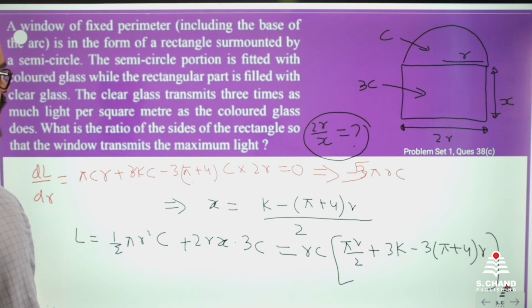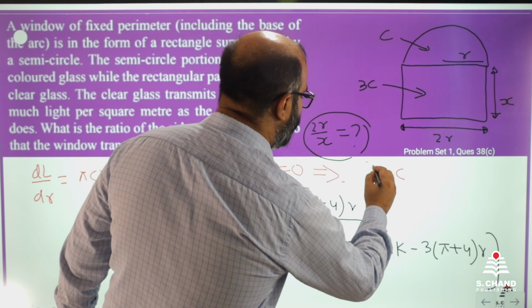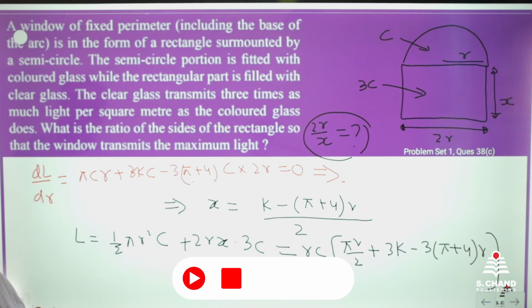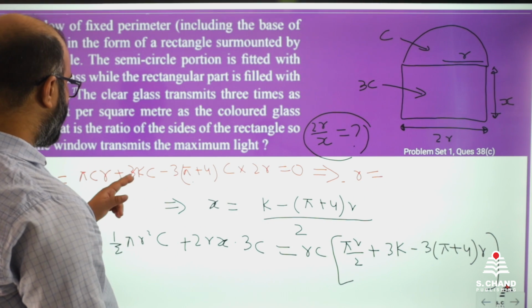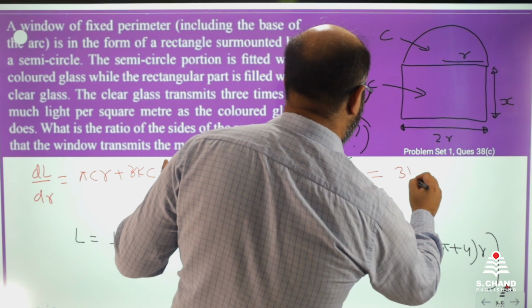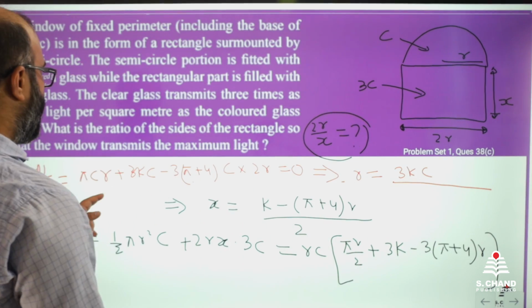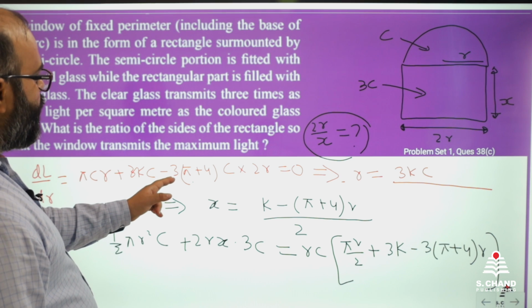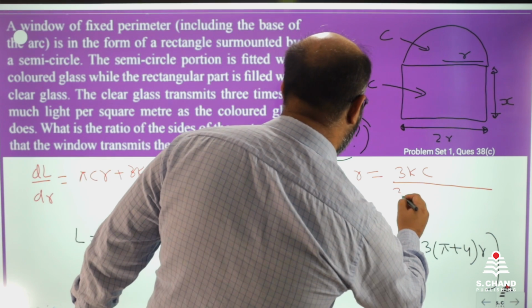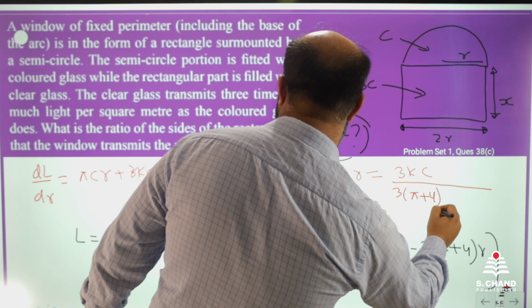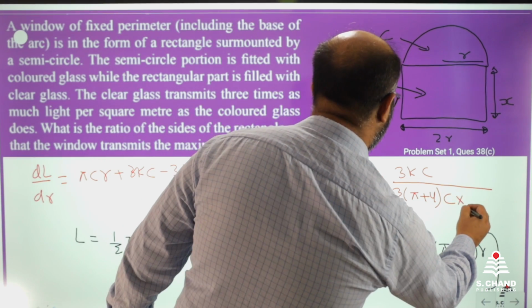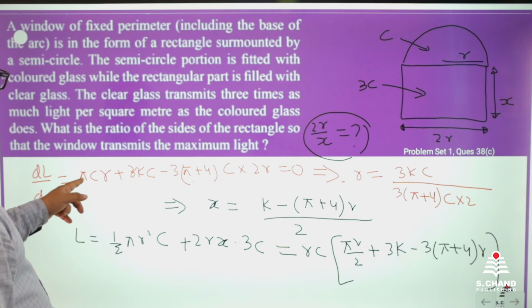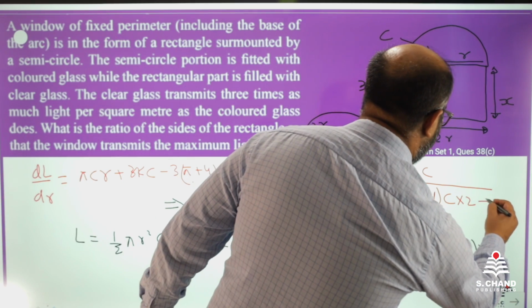Okay, so we have here pi plus 4, right? So let us write it correctly. The value of r would become equal to 3 kc upon (3 pi plus 4) into c into 2, of course, and then pi c, like this.